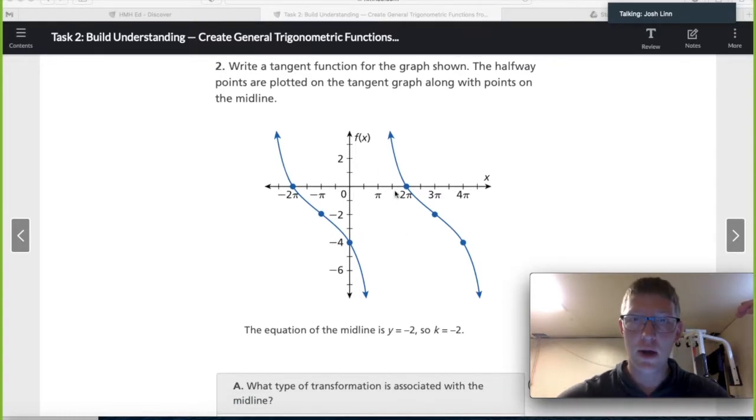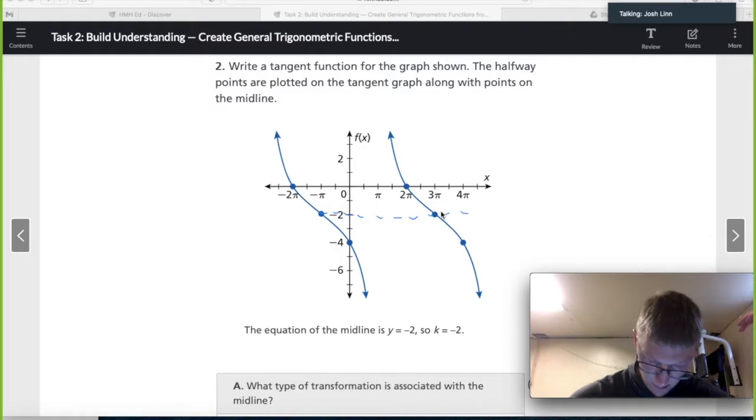Based on looking at this, we can already see at this point and this point, that's probably our midline right there, at y equals -2.